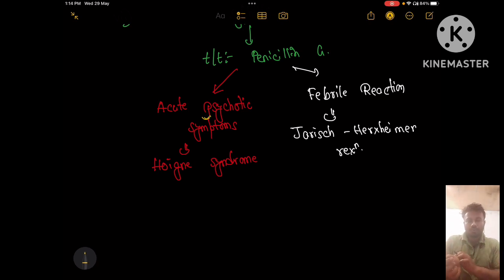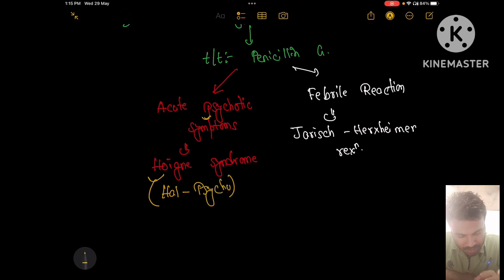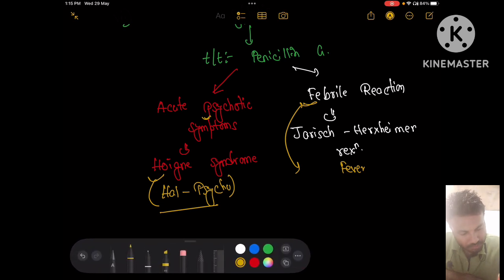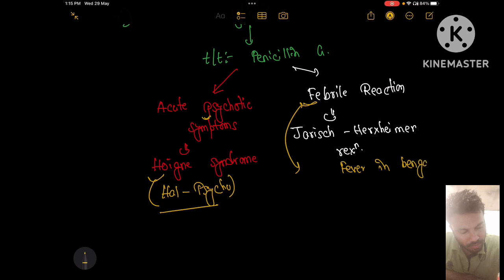Psycho, in Bengali we generally call hell. And in febrile reaction, fever in Bengali is jar. So there is Herxheimer reaction.